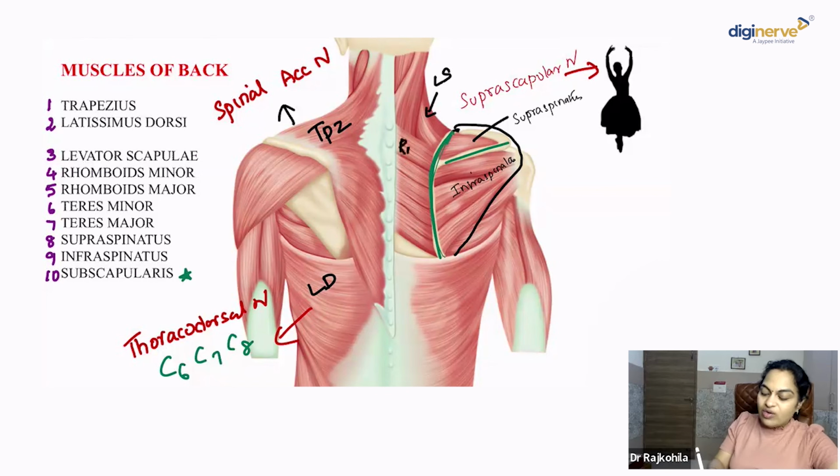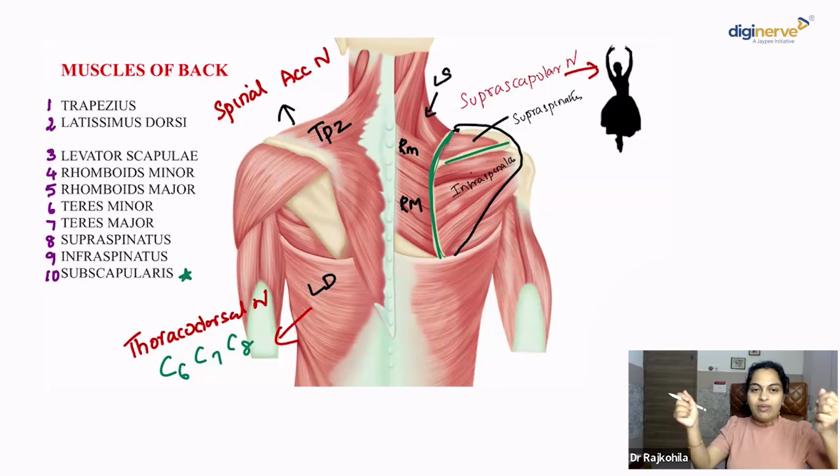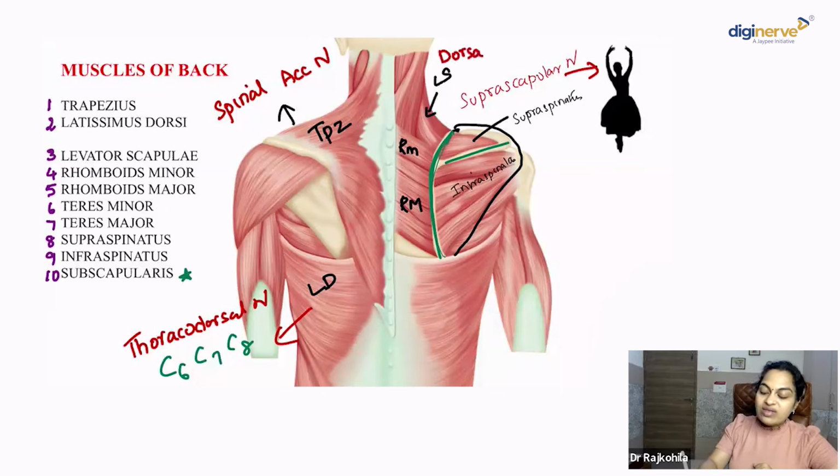And this is the rhomboid minor and this is the rhomboid major, both of which help to retract the scapula, bringing the medial border of the scapula towards the midline. Okay, now these three muscles attached to the medial border, all of them are going to be innervated by the dorsal scapular nerve.